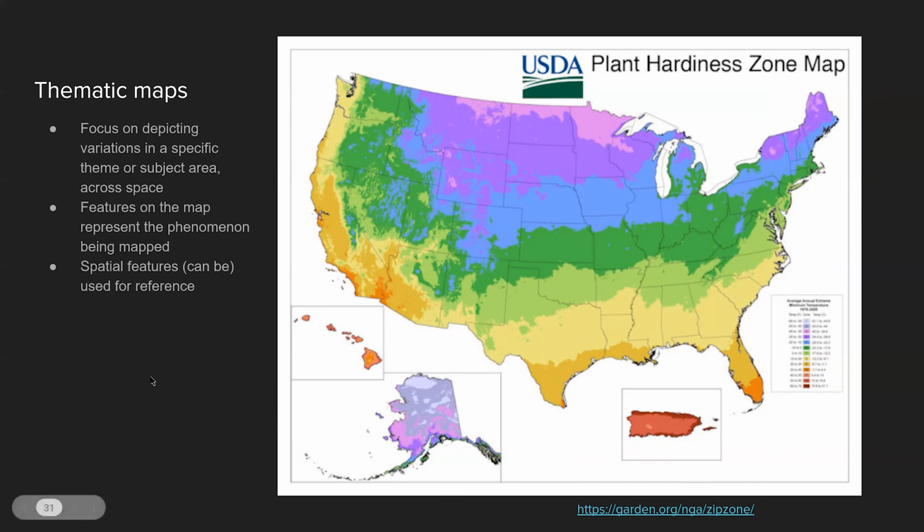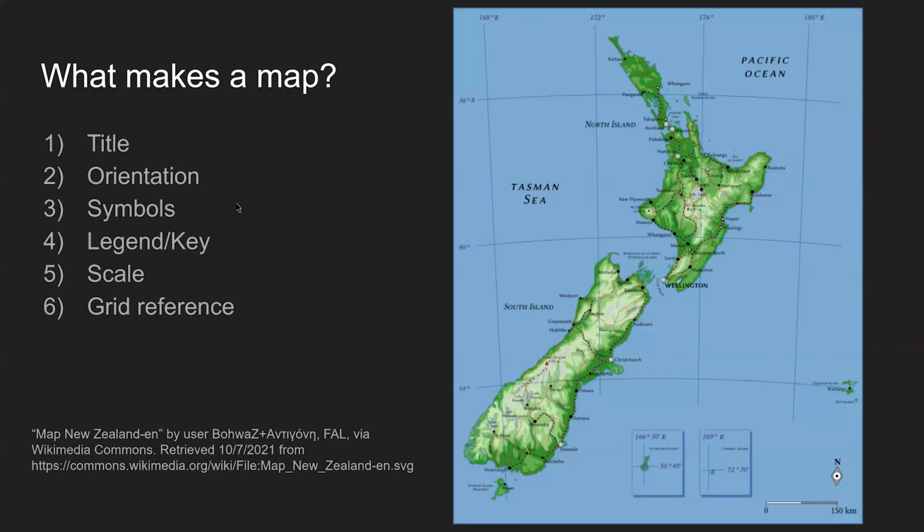But it helps people who live in the US who understand where they live. If they've looked at maps like this before, they can tell what plants would live in their zone. So you use the map as a placeholder so that people can understand exactly where they're from. And then they can use other data to increase the knowledge of whatever they're talking about, using the map as a base level.